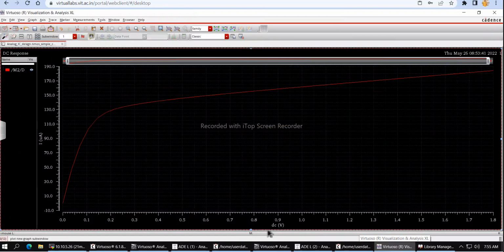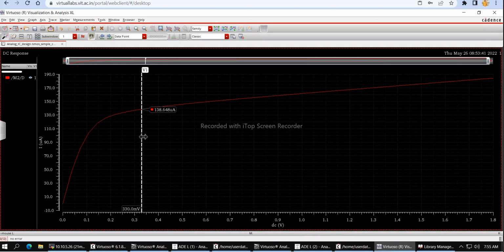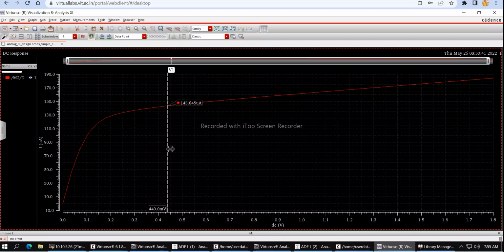Yeah, now we got VDS on the x-axis and the drain current on the y-axis. So now we have to find the headroom voltage. We are designed for almost 150 microampere. So we are getting a headroom voltage of around 0.6 volts.